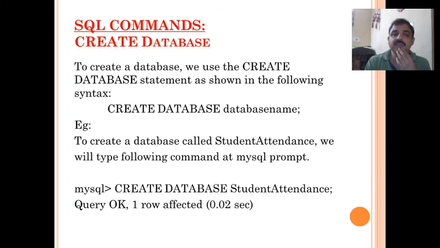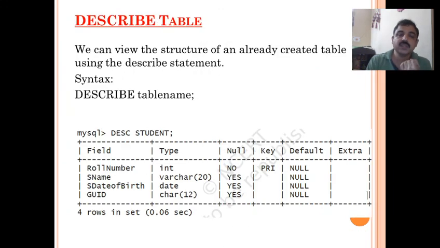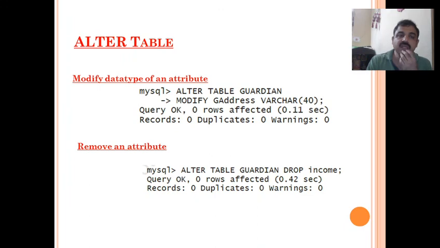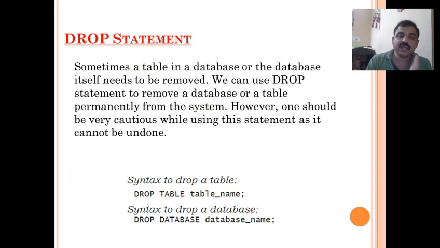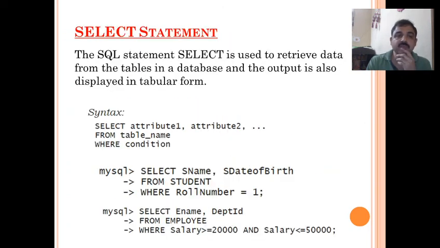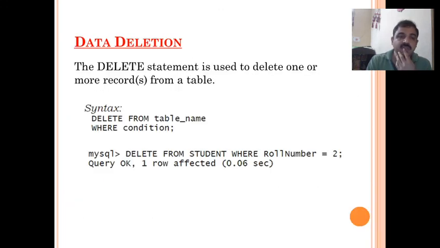Then we saw the commands of creating database, creating table, opening the database, then getting the description of the table, making changes in the columns using alter table, deleting the table or deleting the database, and inserting the records into the database or table, then displaying using select command, and modifying the data after entry using update command.